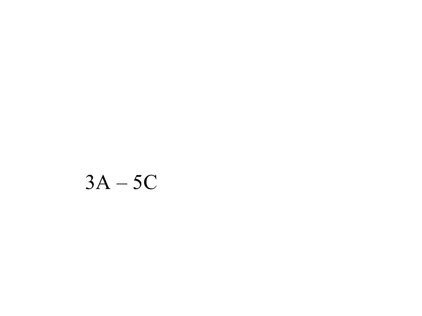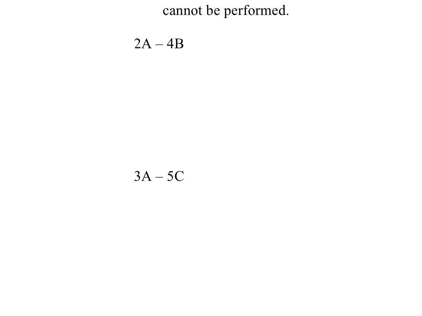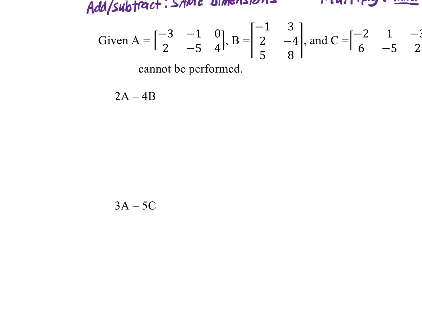Let's do 3A minus 5C. All right, how do we do something like that? Good, so we first want to know what 3A is. And so you're going to multiply every single thing in A by 3. So we get negative 9, negative 3, 0, 6, negative 15, and 12.